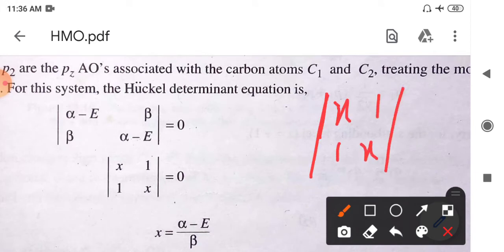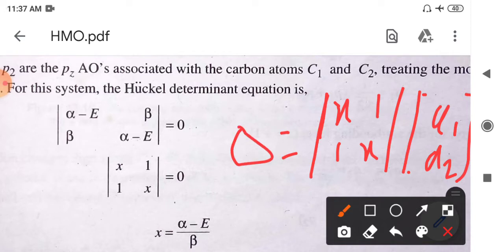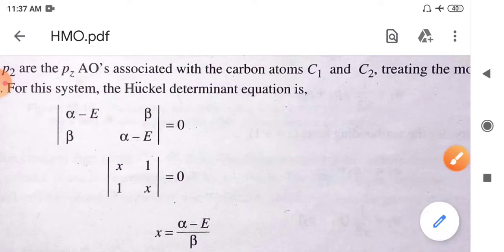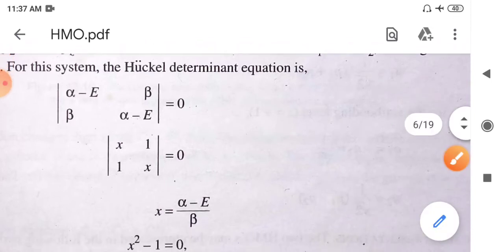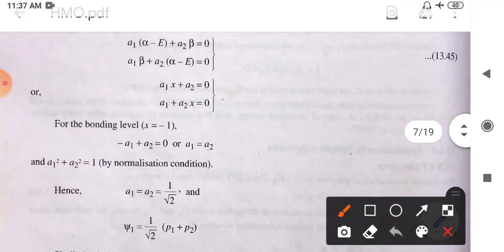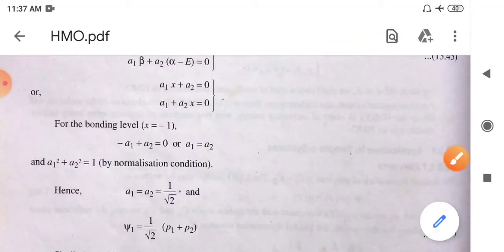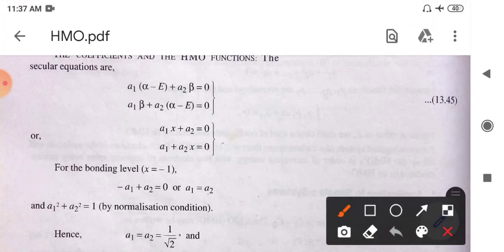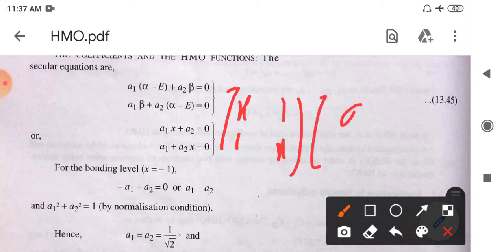Then in order to find the coefficients, we multiply it by another matrix, which has two coefficients, a1 and a2, and this all equals 0.